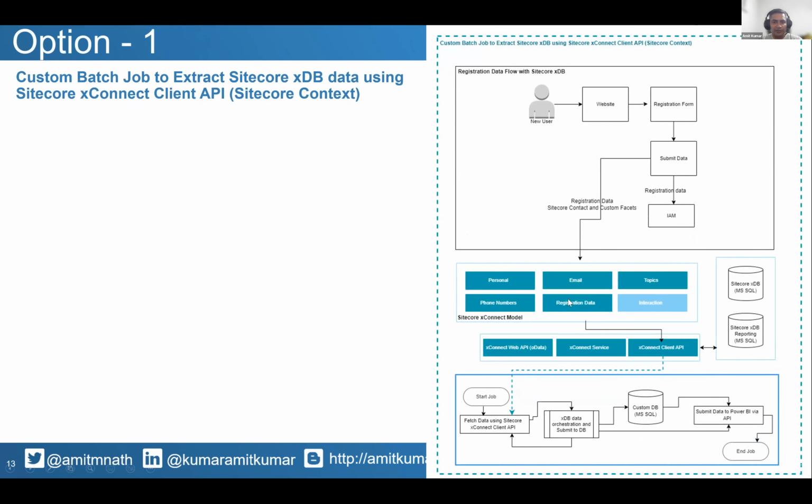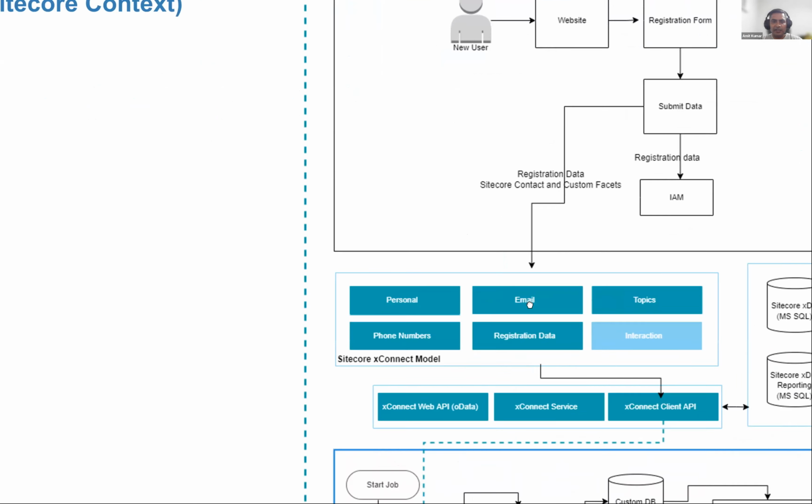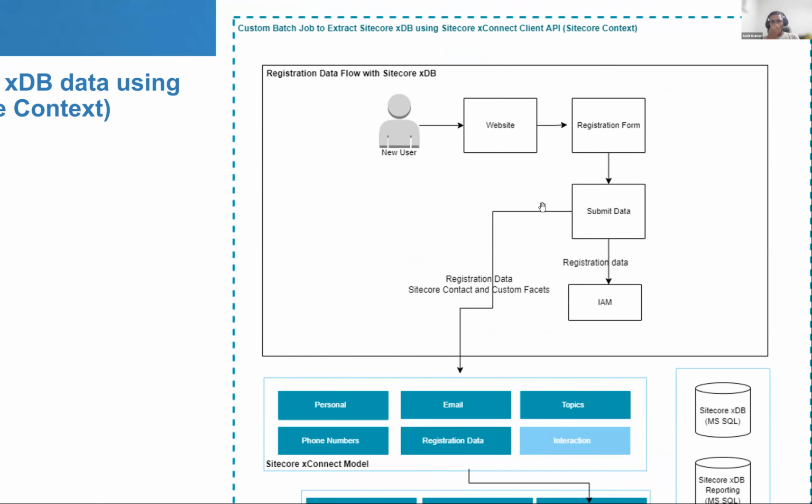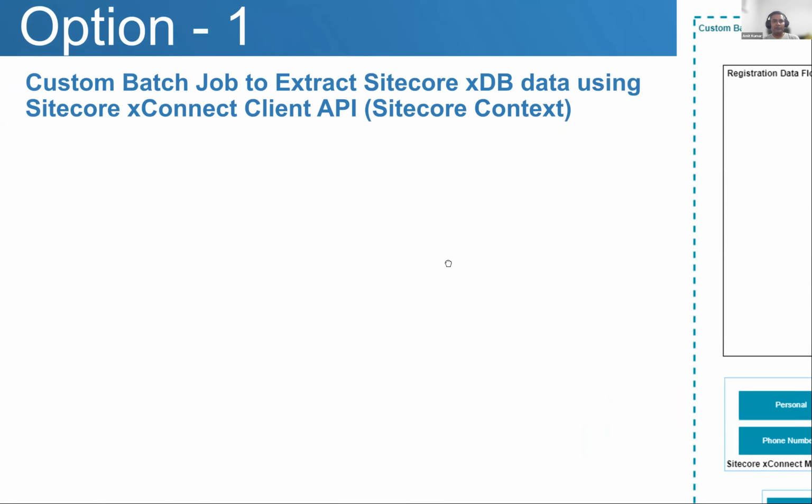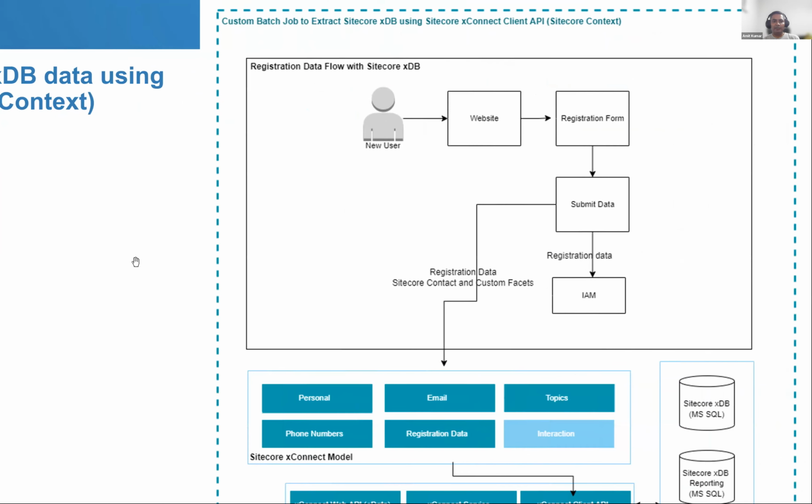So let me explain with the help of a flow. For example, I will explain the first option, where I will be creating a batch job or a scheduler with the help of the Sitecore xConnect namespaces. Let's say you have a new user on your website and you have the registration form.